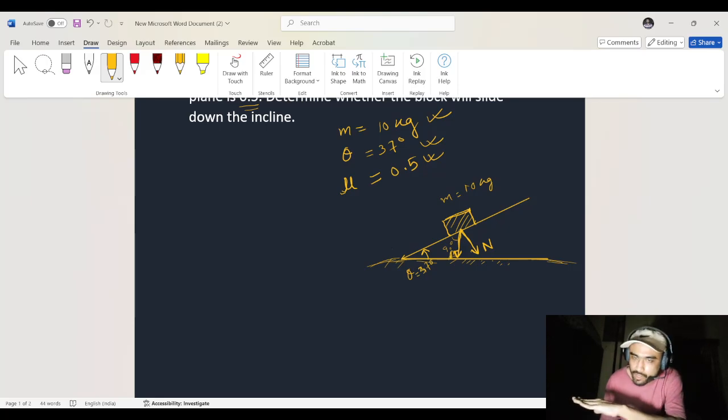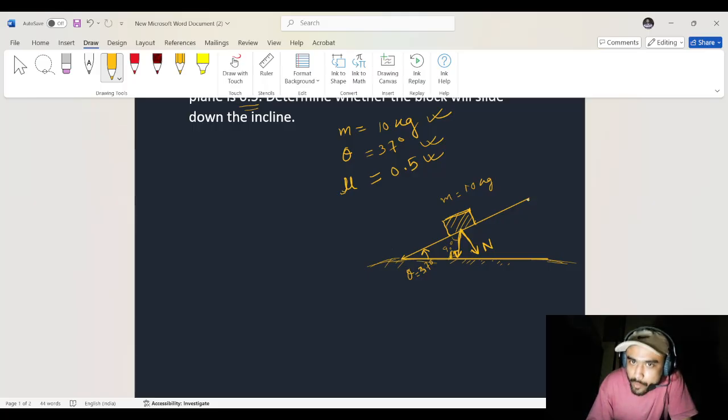In the case of an inclined plane, the direction of N will not be perpendicular to the horizontal, but along the perpendicular to the inclined plane.